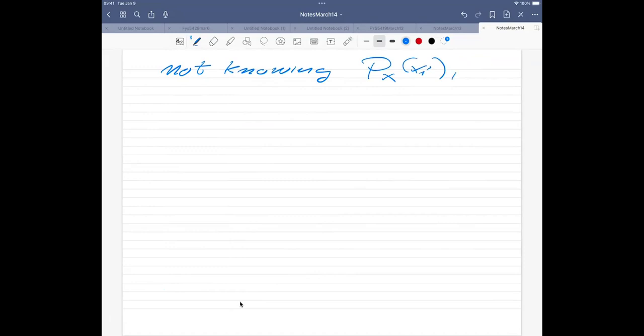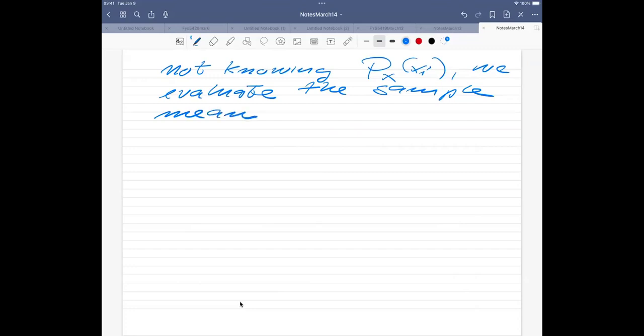we need to evaluate the sample mean. And the sample mean is something which I will label with a mu here. And that is simply 1 over n, and then I have a sum over all the possible samples up to some n minus 1, of x of i.